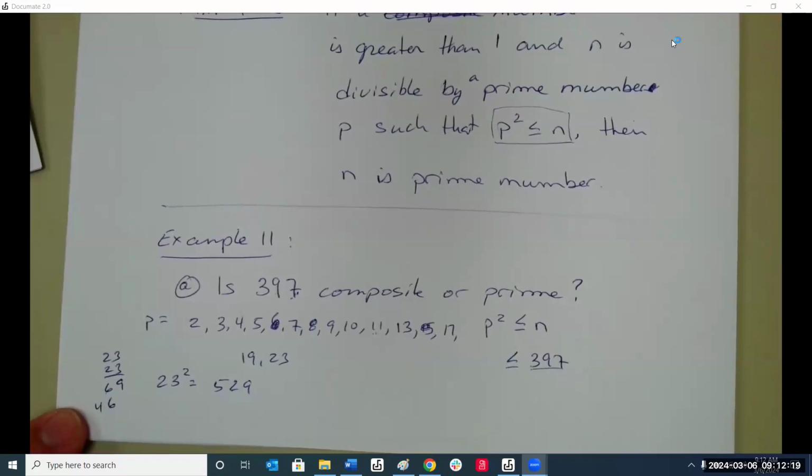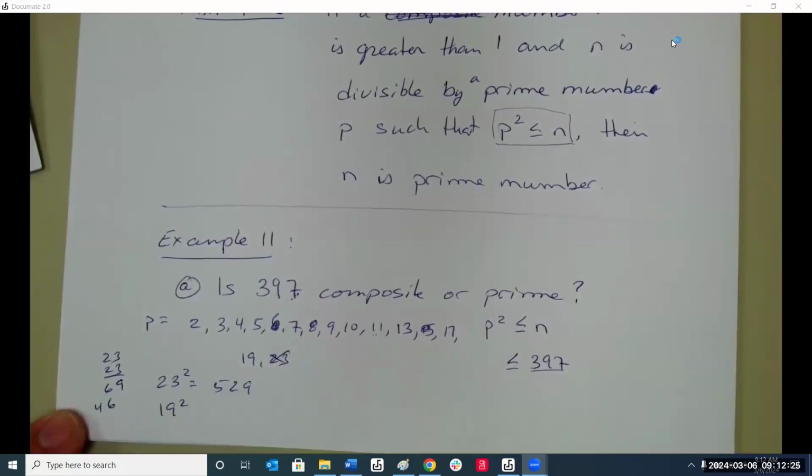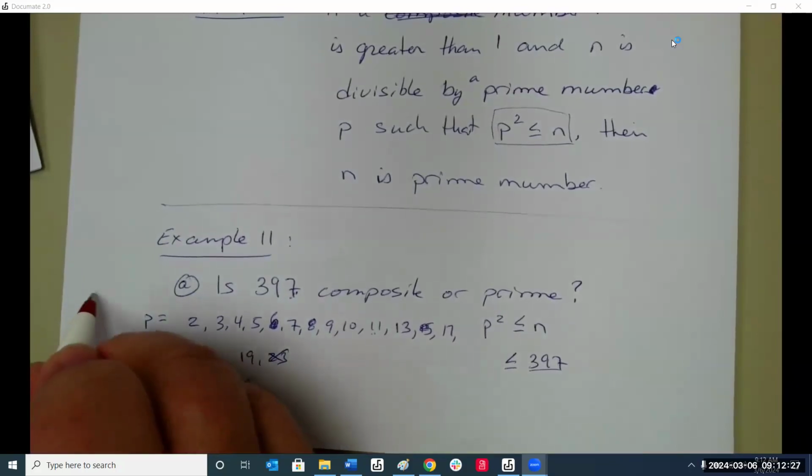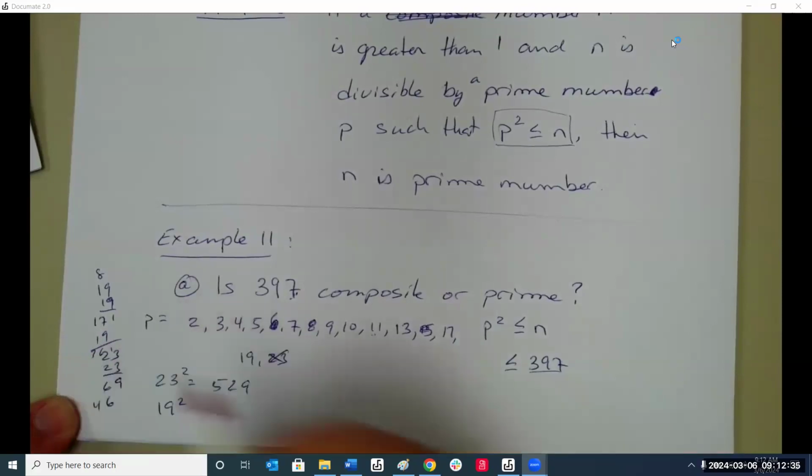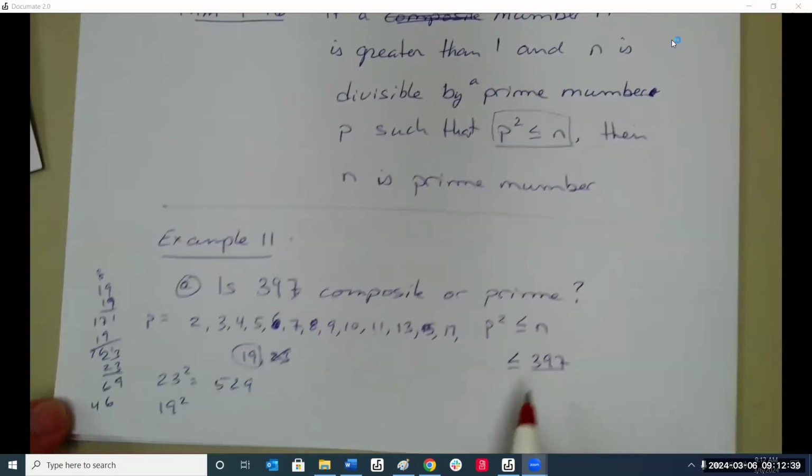Too big for that one. So I can't go to 23. How about 19? What's 19 squared? 19 times 19 is 361. So does 19 fit in there?